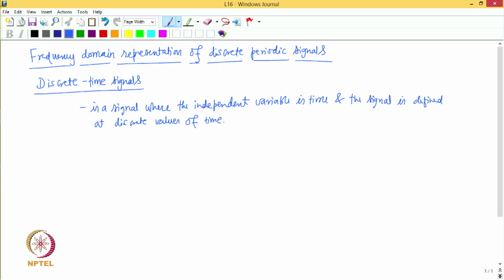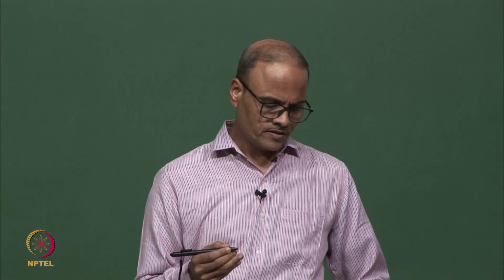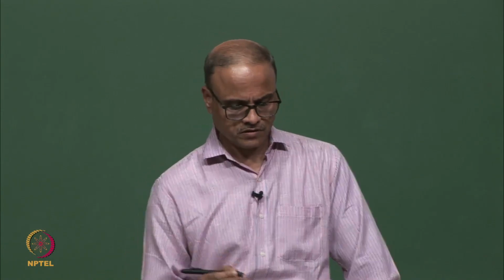So, in this signal the amplitude of the signal is continuous, right. It can take any value. But if the amplitude is also quantized, discretized and converted to a binary representation, then such a discrete signal becomes a digital signal.